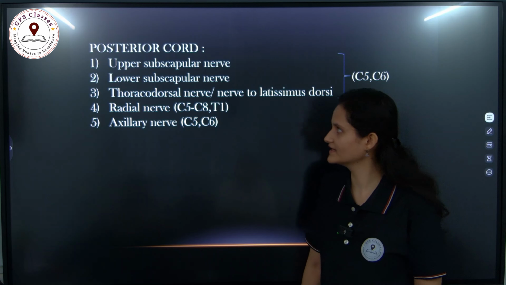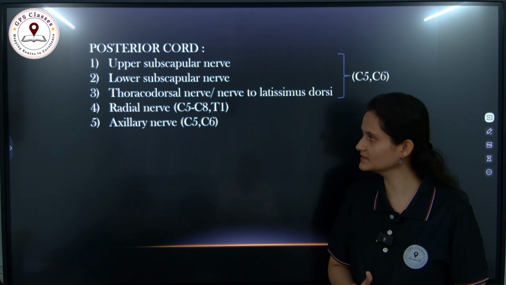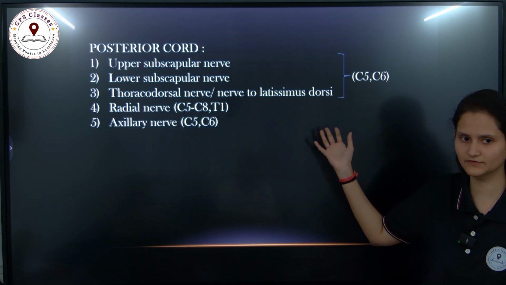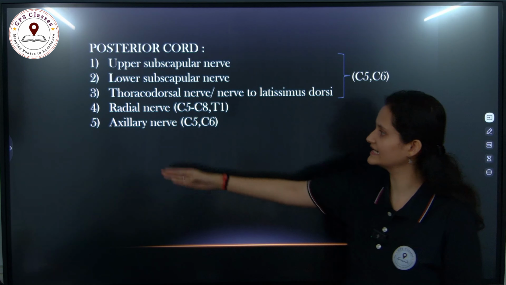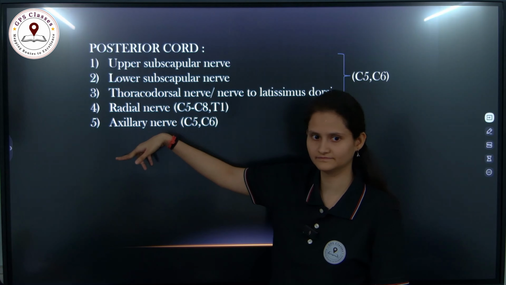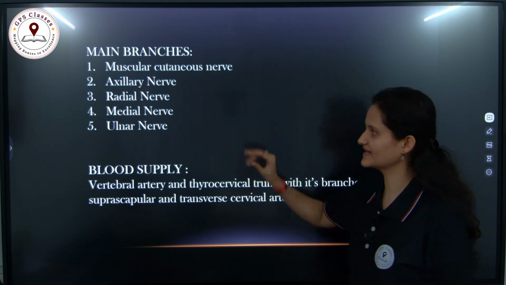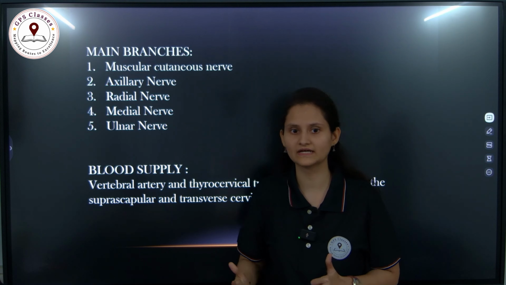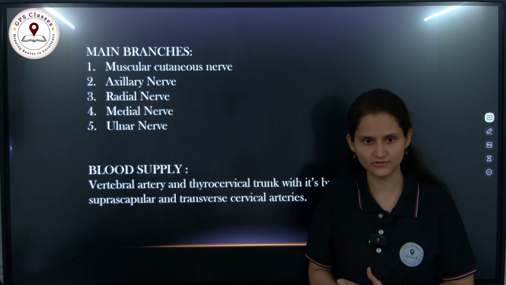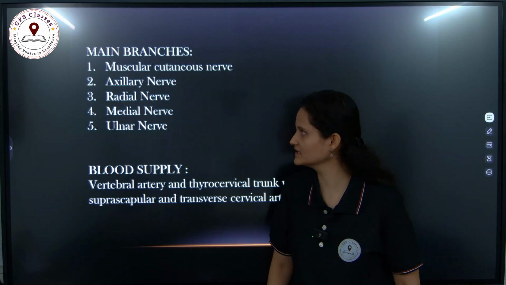The posterior cord gives five branches: upper subscapular, lower subscapular, thoracodorsal nerve, also known as nerve to latissimus dorsi, radial nerve, and axillary nerve. This we remember as ultra. These five are the main branches: radial nerve, ulnar nerve, axillary nerve, musculocutaneous nerve, and median nerve.